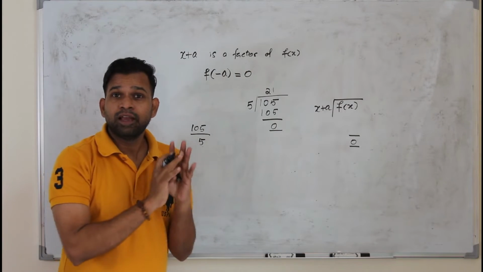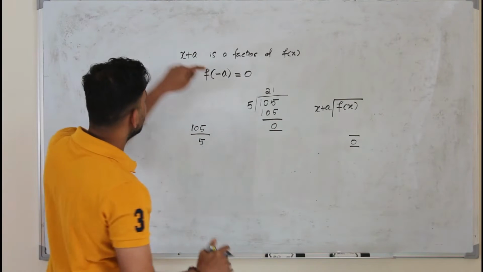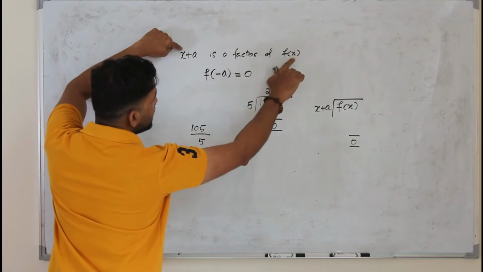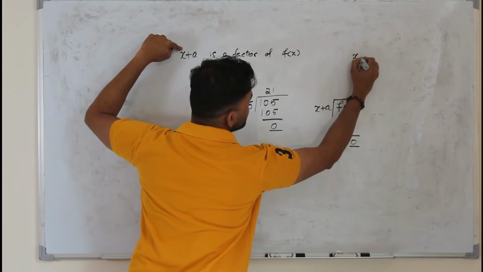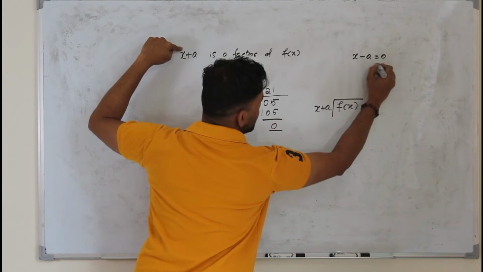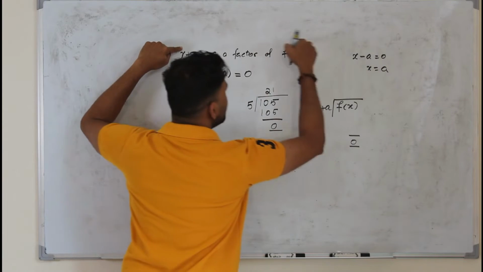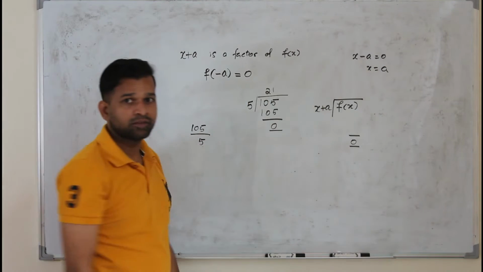We are not going to apply the long division method at all. If it is x plus a, replace x by minus a. If it is x minus a, take it as equal to 0, so x is a. Replace x by a, that is, find f of a.